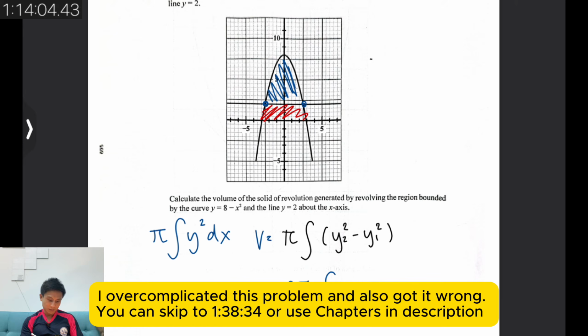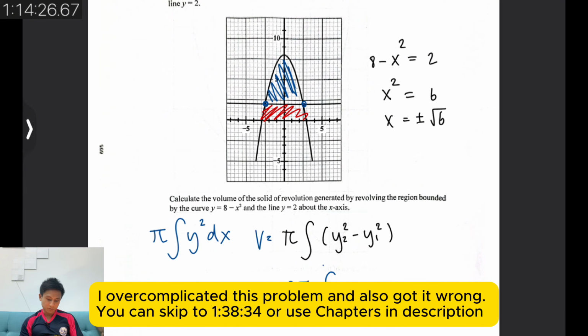We put them equal: 8 minus x squared equals 2. Then x squared equals 6, so x equals plus or minus root 6. If I just do this half and multiply by 2, it's the same thing.